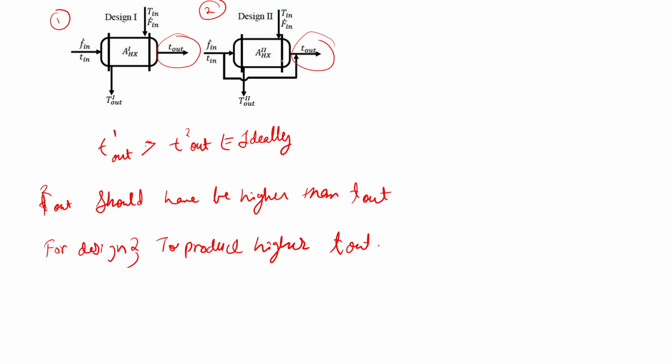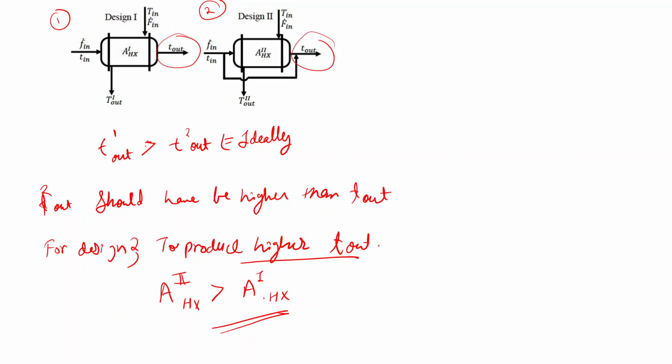If the area of heat exchange is higher, then this T output will be higher. That will ultimately be compensated by mixing it with this inlet stream. So yes, since we want to produce this higher T out, we need to increase the area of the second heat exchanger. That is, the area of the second heat exchanger will be greater than the area of the first heat exchanger.